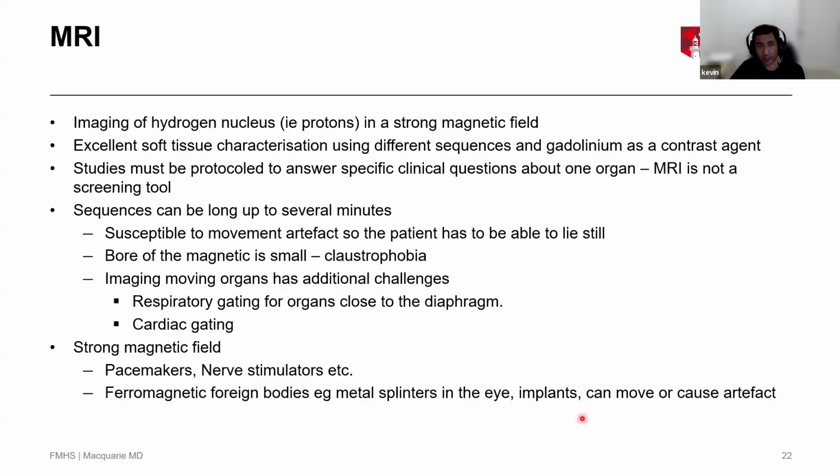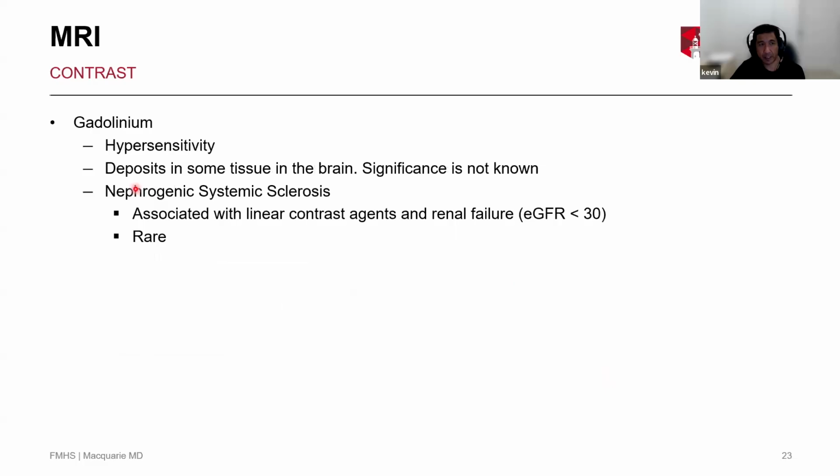As with anything we inject, gadolinium is a heavy metal. Some people can have a hypersensitivity to it. The other thing, which makes me a little bit uneasy, is that it's known to deposit in some tissues of the brain, and no one actually knows what effect this has long term.